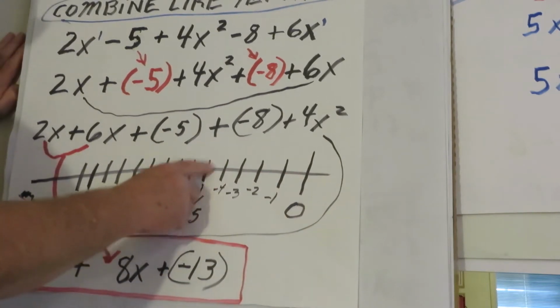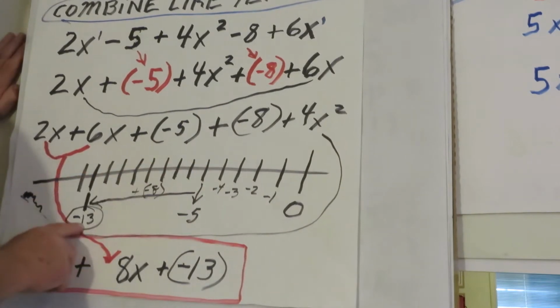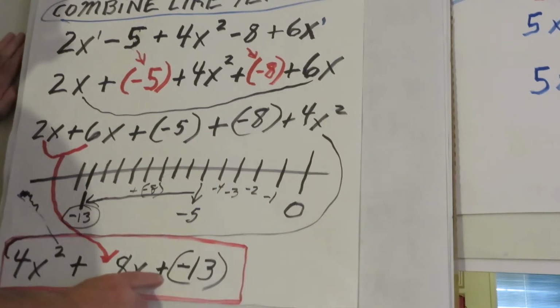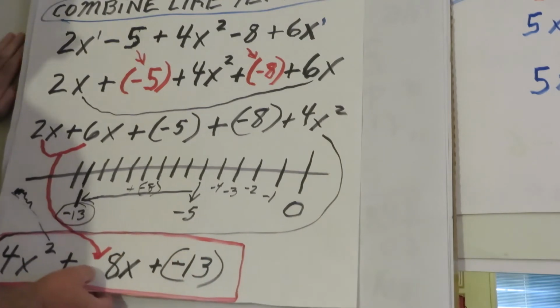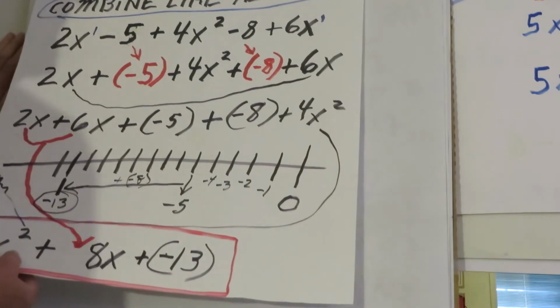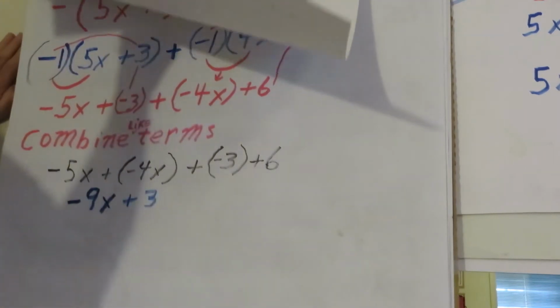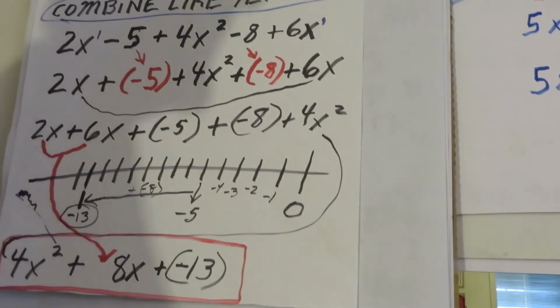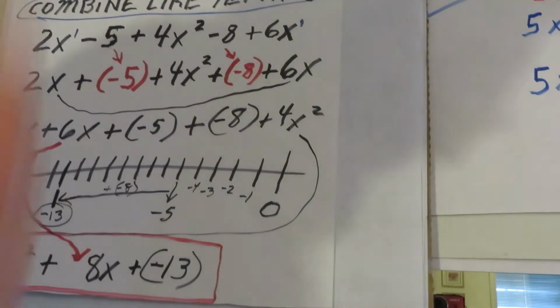Then I added another negative 8, means going further to the left, to negative 13. So my answer is plus a negative 13. It's okay to write just minus 13 there, but this is the way I roll. It's a good habit to get into because we're going to get into distribution right now. Okay, so this is when you simplify terms.